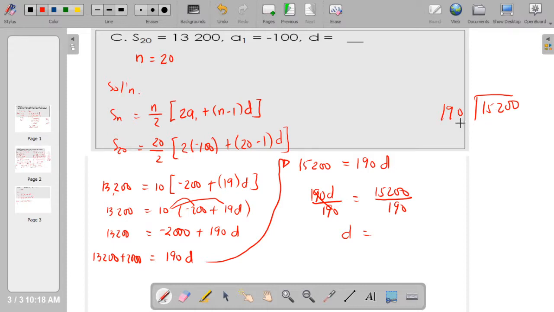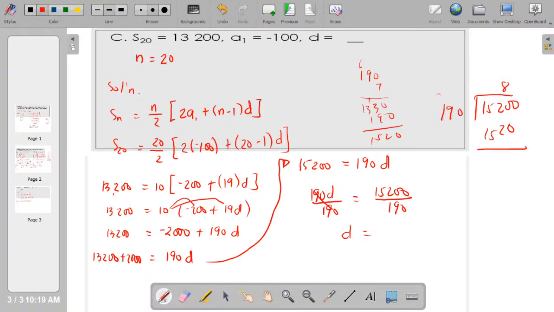Let us do the long division. 8 times 0 is 0. 8 times 9 is 72. 8 times 1 is 8 plus 7 is 15.